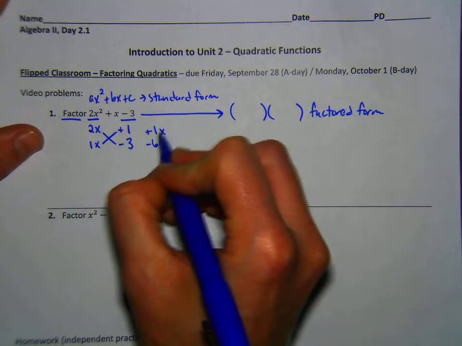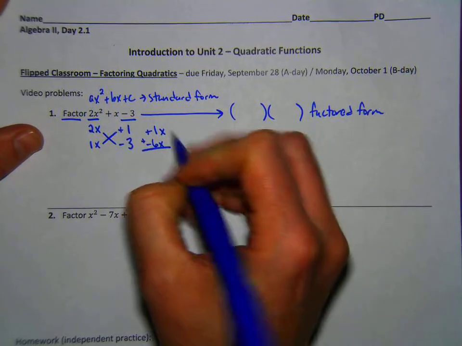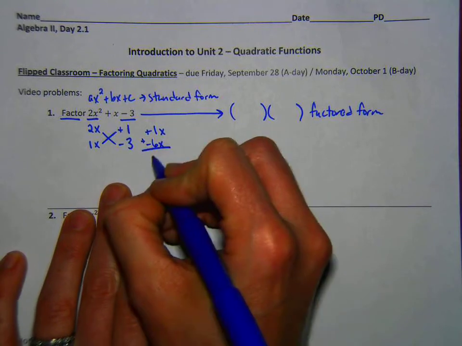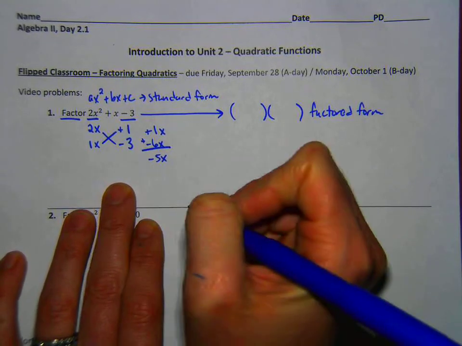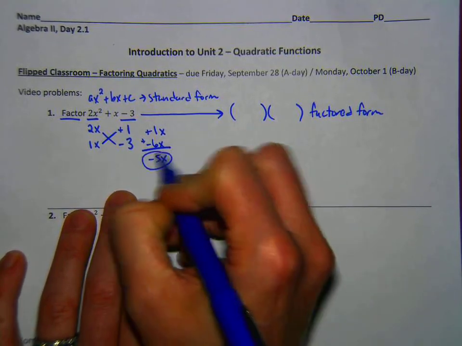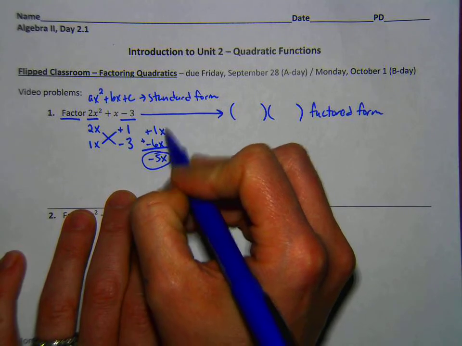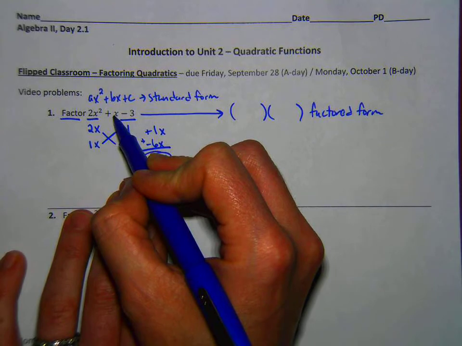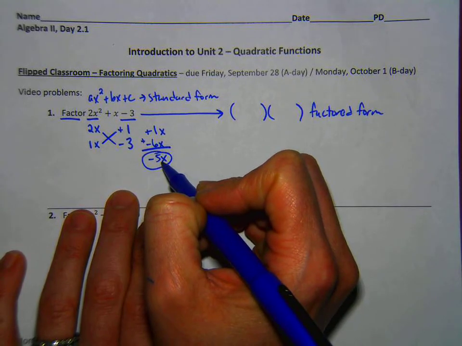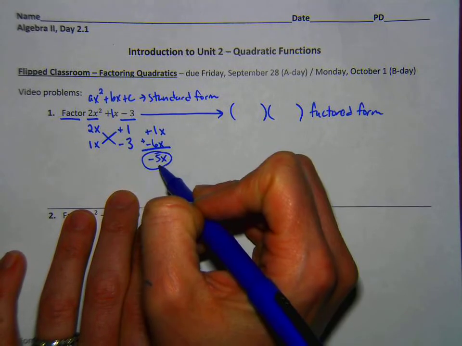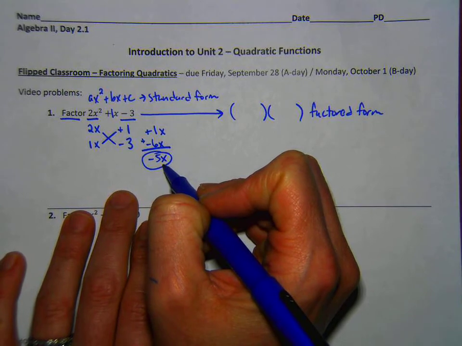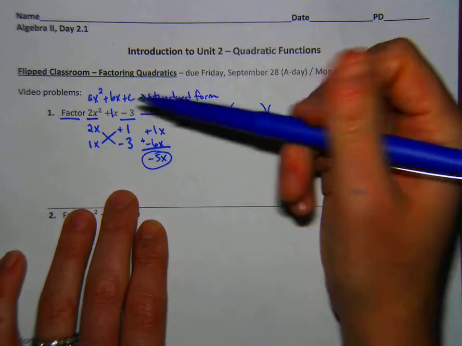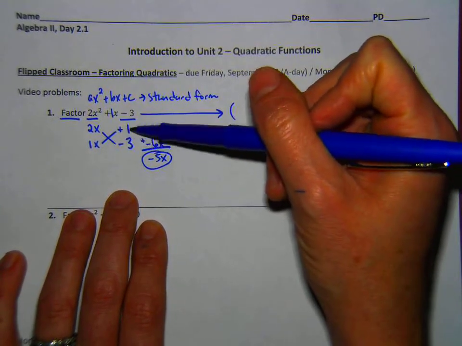Then these 2 products, we're going to add together. So x plus a negative 6x is equal to negative 5x. You want this sum that you get from adding these 2 things together to be equal to positive x. They are not equal. The number in front of x here is 1, and the number here in front of x is negative 5. So what that tells me is my signs are wrong, or my numbers.